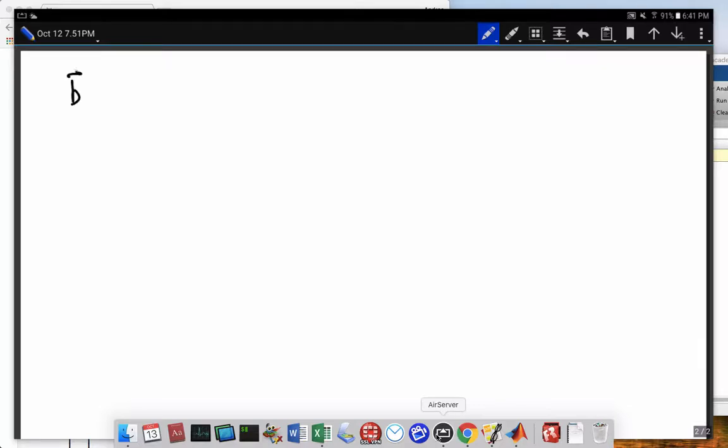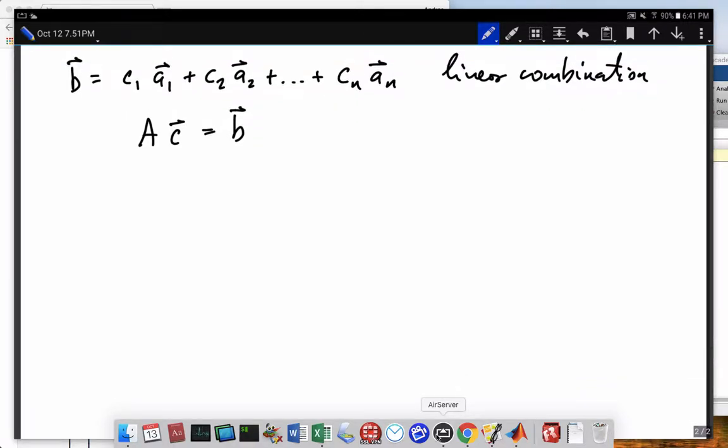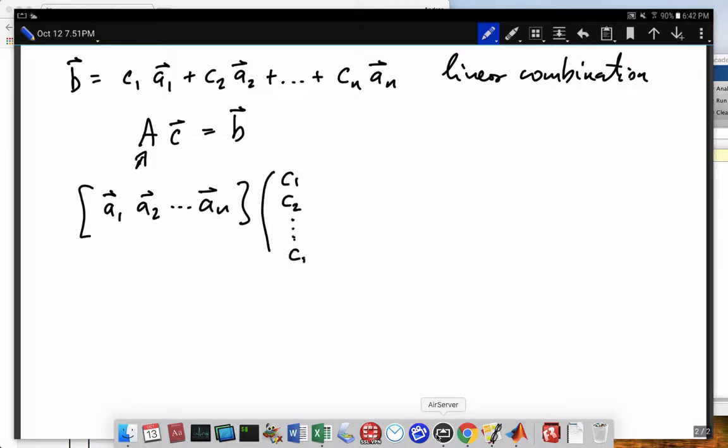Namely, if B equals C1 A1 plus C2 A2 and so on up to Cn An, that means B is a linear combination of the A vectors, then we can write this as the matrix vector equation AC equals B, where A is the matrix of the column vectors A1, A2, An, C is the column vector of C1, C2, Cn, and of course we have the B vector.